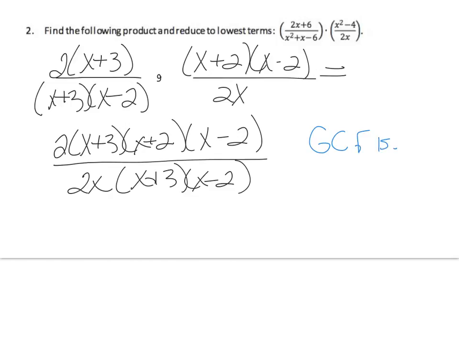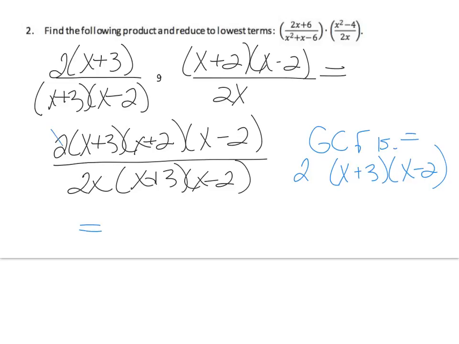It looks like my GCF is going to be a few different things. I can factor a 2 out, and an x + 3, and an x - 2. So I can divide those from the numerator and the denominator in order to reduce the fraction.